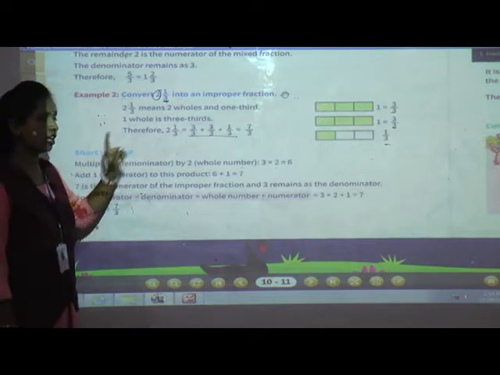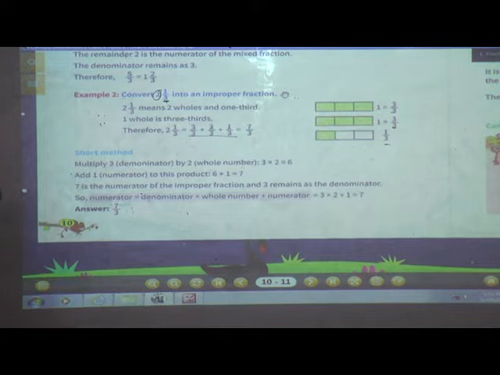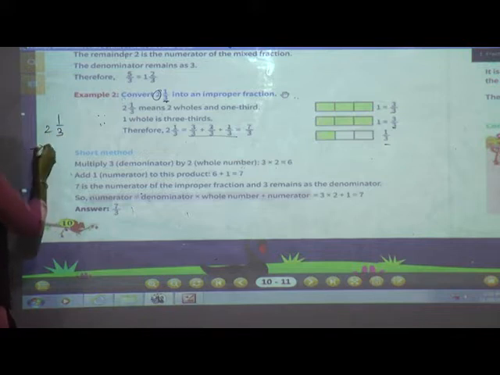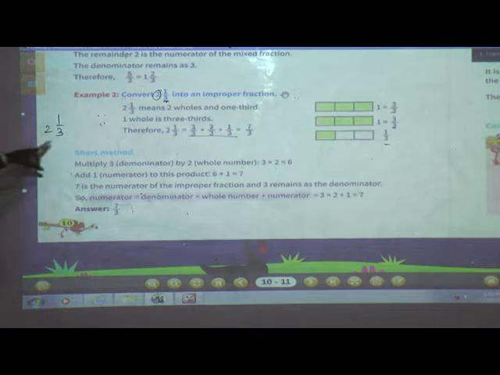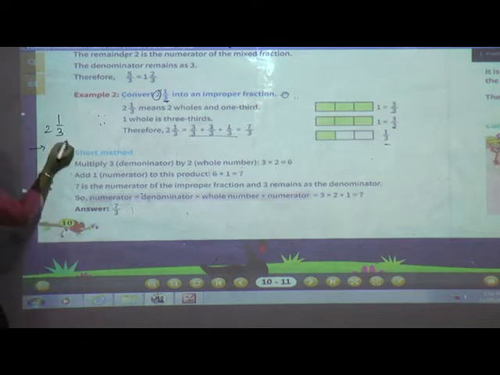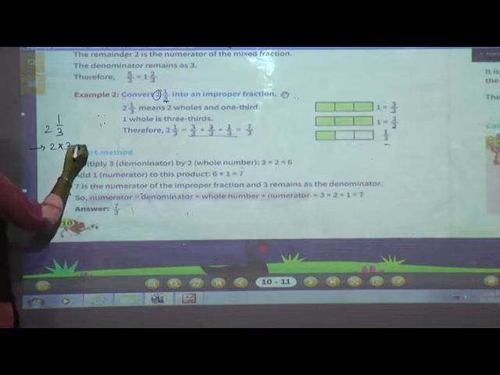And what is the short method of solving this problem? Now see, 2 1 upon 3. In the short method, we need to multiply the denominator 3 by the whole number 2, and whatever number we get, we need to add the numerator.